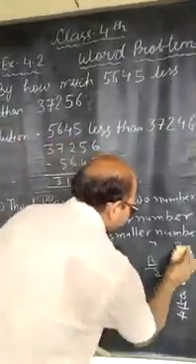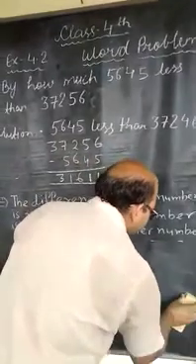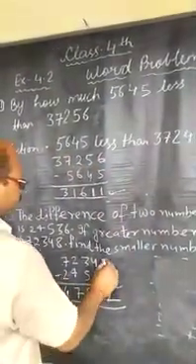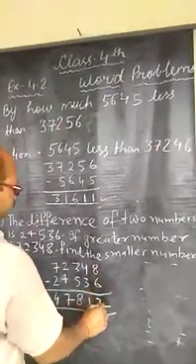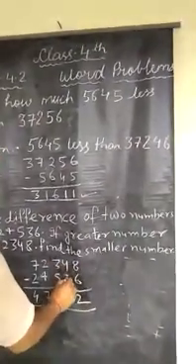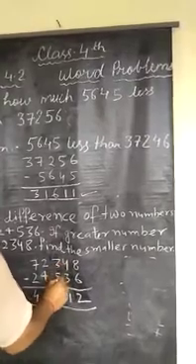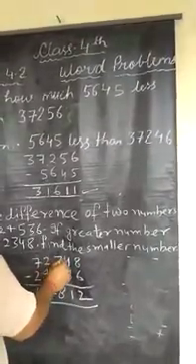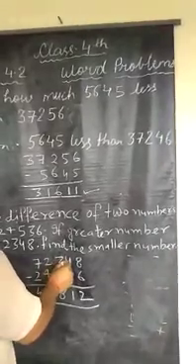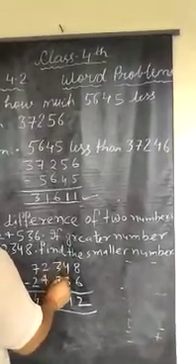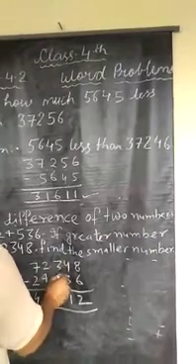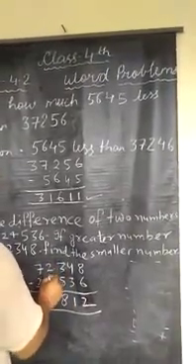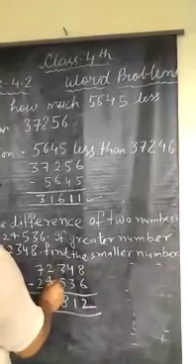In this question, we subtract step by step. 3 minus 5, we borrow, and this becomes 13 minus 5, which is 8. Then 11 minus 4 is 7.